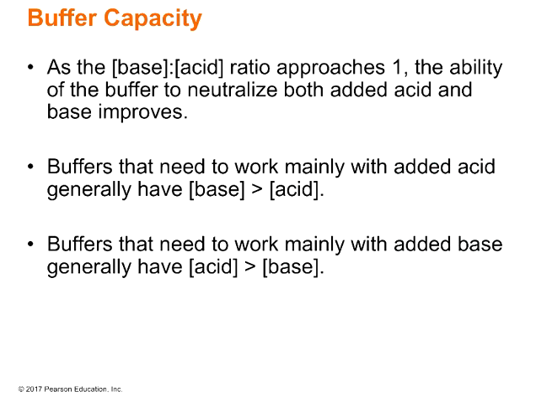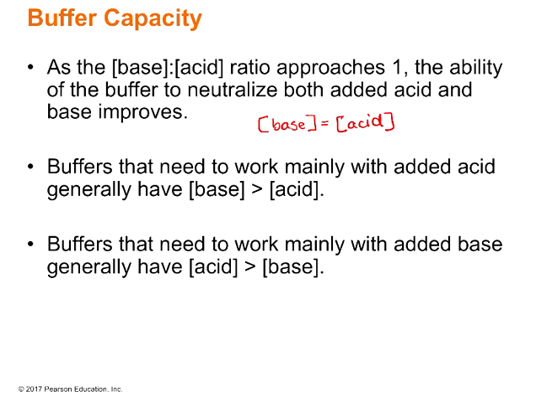So let's talk about the ratio between the weak acid and its conjugate base. As the concentration of buffer base to buffer acid ratio approaches 1, the ability of the buffer to neutralize both added acid and base improves. So we want the concentration of base in the buffer to equal the concentration of acid.